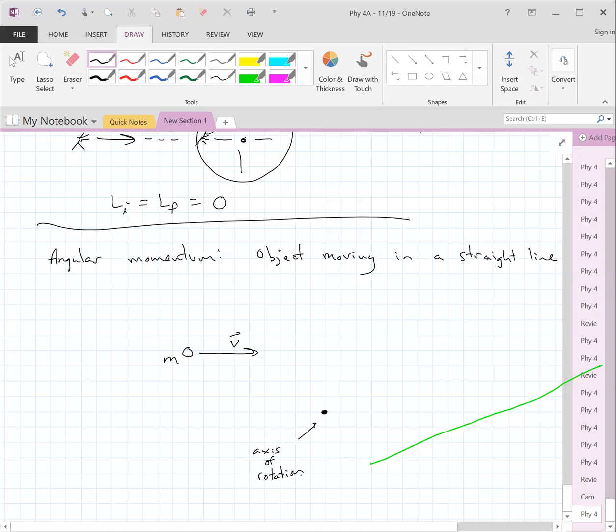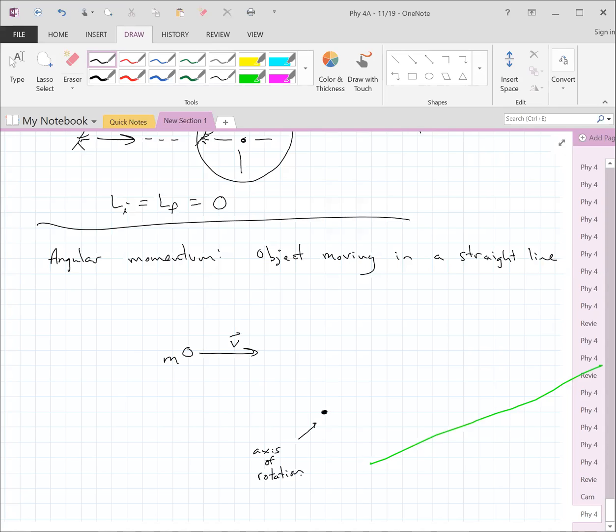So you see, when you're defining angular momentum, you have to know what the axis of rotation is. It's different about different axes of rotation, kind of like rotational inertia. Same object, change the axis of rotation, and I changes, right? And the same thing is true with angular momentum.